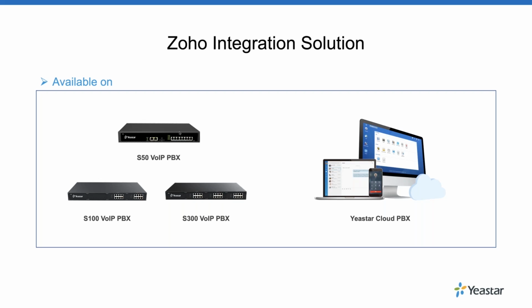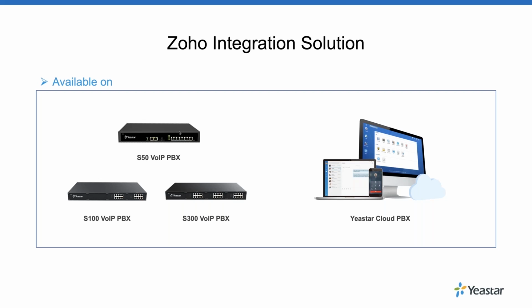Okay. So the first feature I'm going to talk about here will be the Zoho integration. At the very beginning, don't forget this is not going to be a feature for all of our platforms. It's just a feature for S50, S100, S300, and Cloud PBX, not for entry level. Okay.